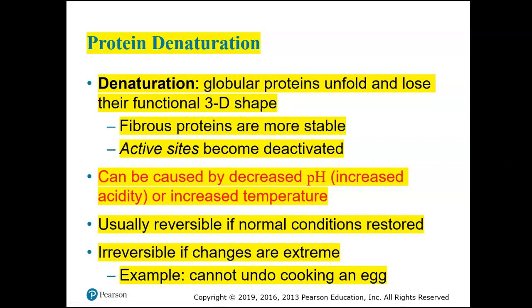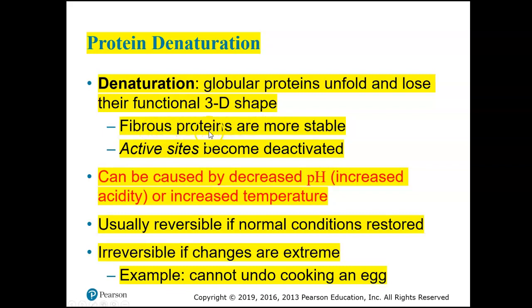It has to be a specific shape, and if it's not the exact shape or conformation that it's supposed to be, then we say it's denatured and it won't function anymore. It won't do what it's supposed to do.